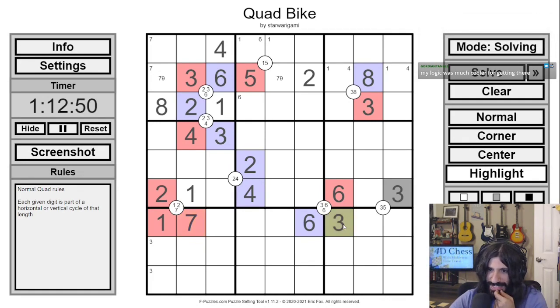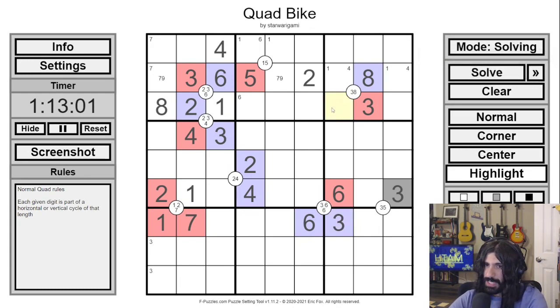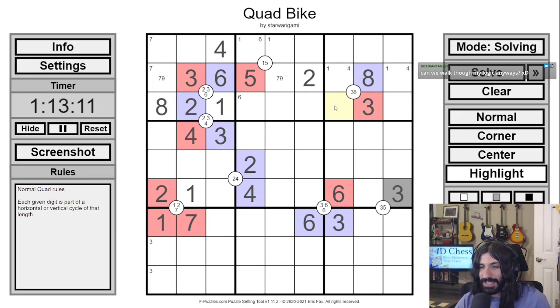Okay, so this points to this 3, and because you can't have a 7 cycle and a 3 cycle in the same direction, this has to be a vertical 3 cycle. So let's call it that periwinkle. This can't be a 7, for what it's worth. All right. So whatever this points to has to be a 7, I guess. So that's cool.